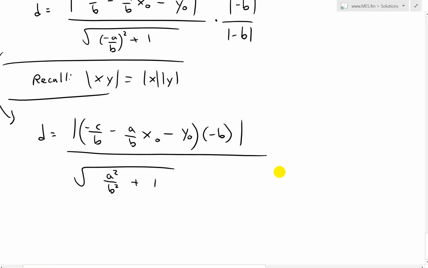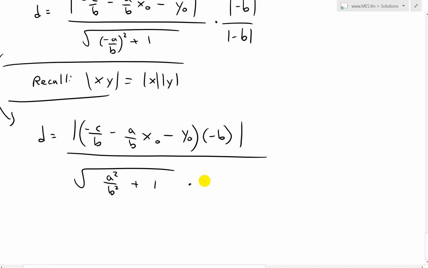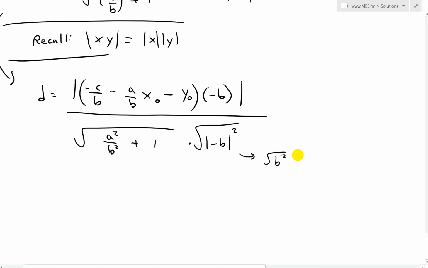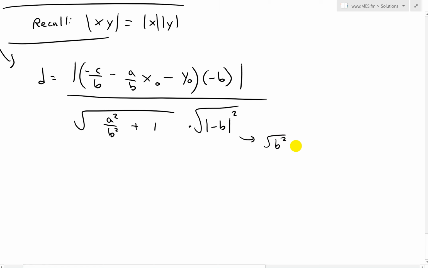And now we're multiplying by this one there. That one, I'll square it and then square root it like that. This is all absolute value, but it's still going to be b. And this is the same thing as writing the square root of b squared, because everything's going to be positive. The negative's not going to do anything there.